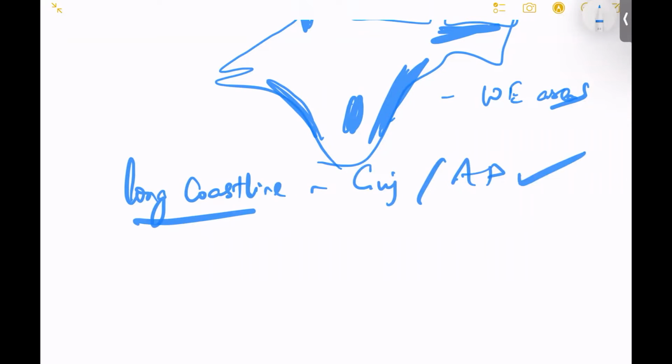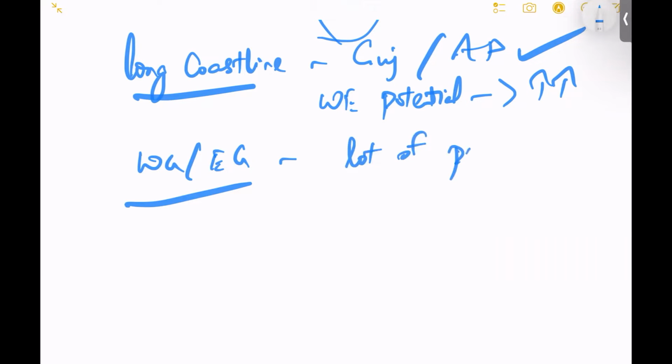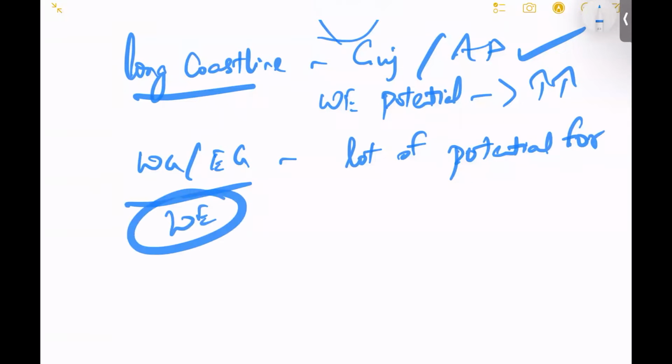So they have a long coastline, and hence the wind energy potential near the sea because of the various breezes is high. Okay, and then Western Ghats, Eastern Ghats, they have a lot of potential for wind energy.